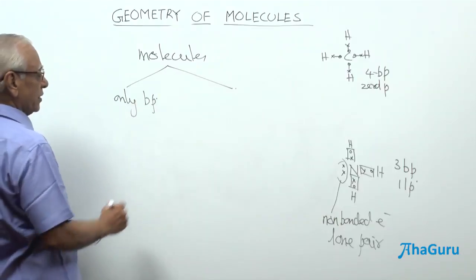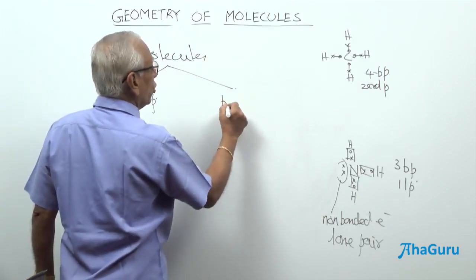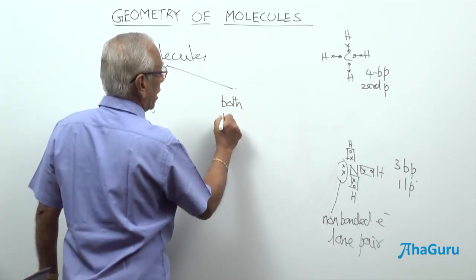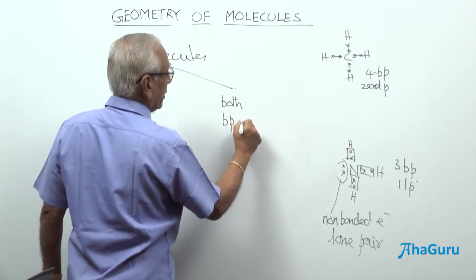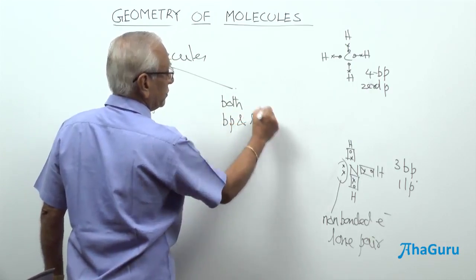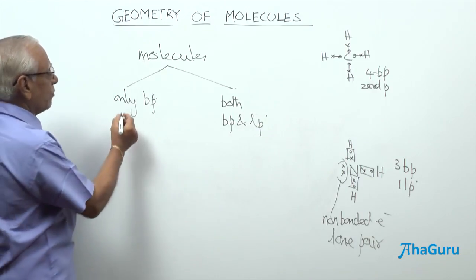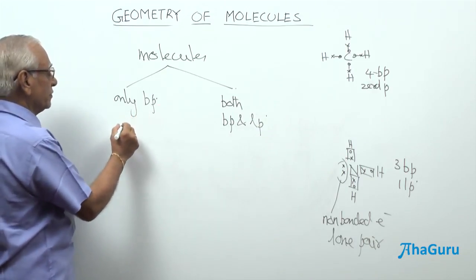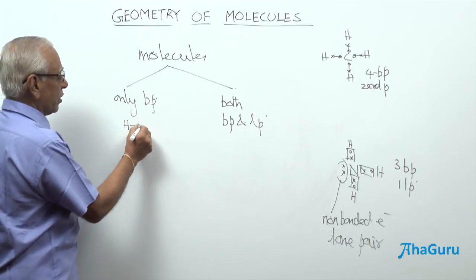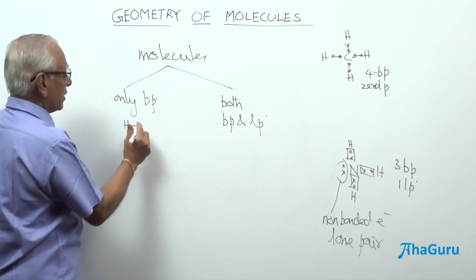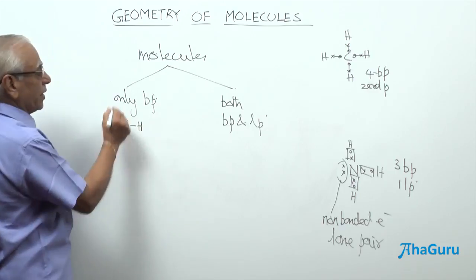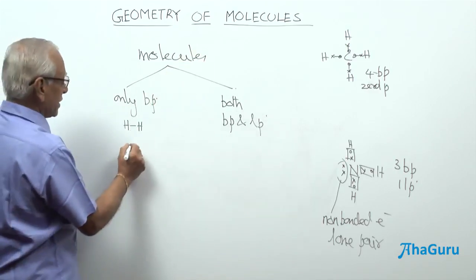The other, having both bond pairs and lone pairs. For example, hydrogen has got only a bond pair, there is no lone pair on that. I gave you another example of methane.